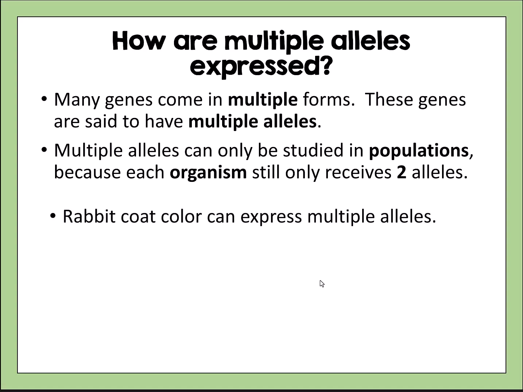Rabbit coat color is an example of a genetics pattern that expresses multiple alleles. So some rabbits have full coat color, which would provide them with a brown fur or brown coat color. And this is represented by a capital C allele.